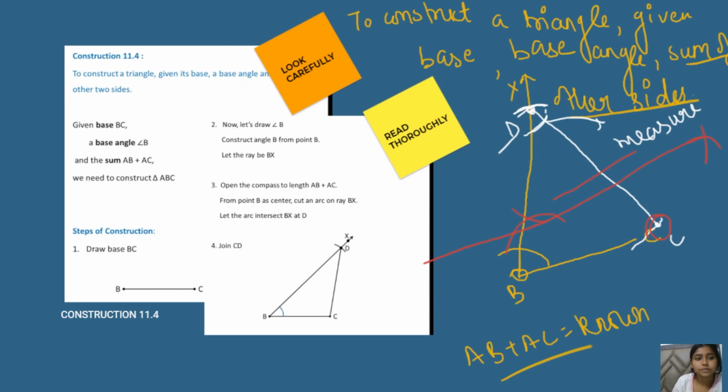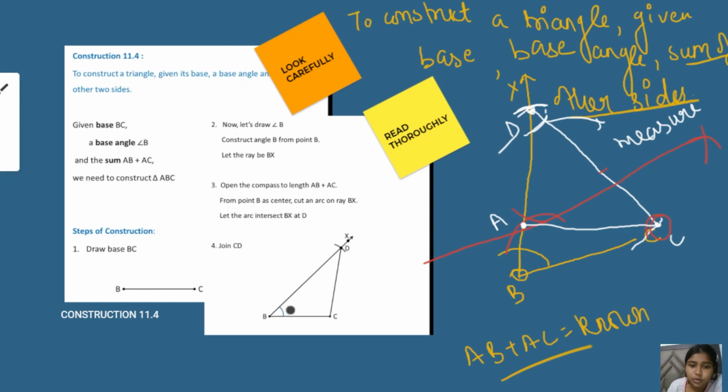You just have to form the perpendicular bisector by opening more than half of the compass, right? Then the point at which this perpendicular bisector intersects BD, you just have to join this point to C, and this will be your ABC, right?